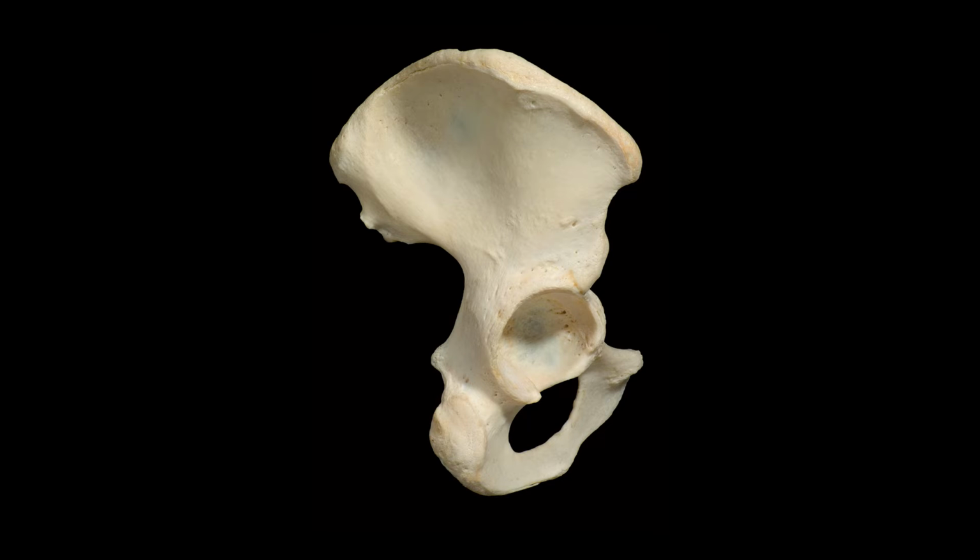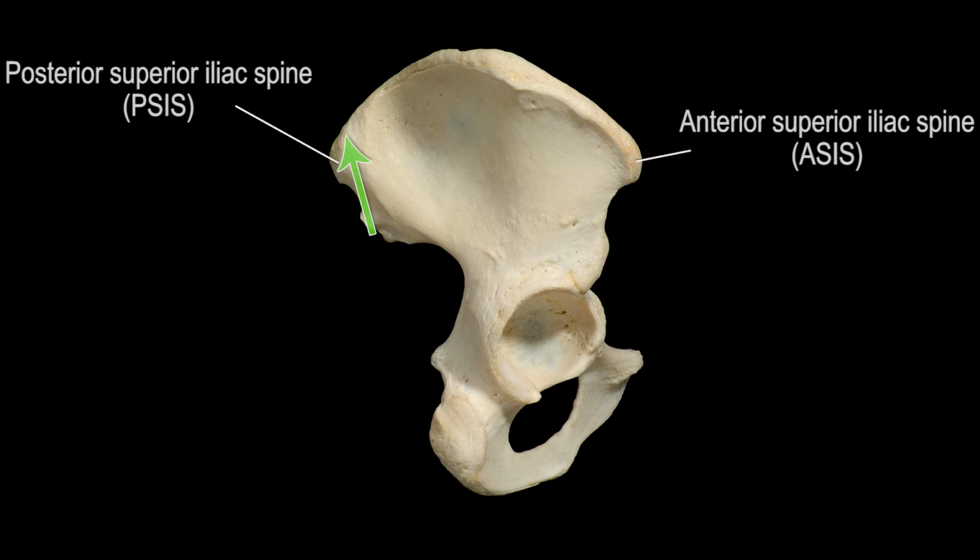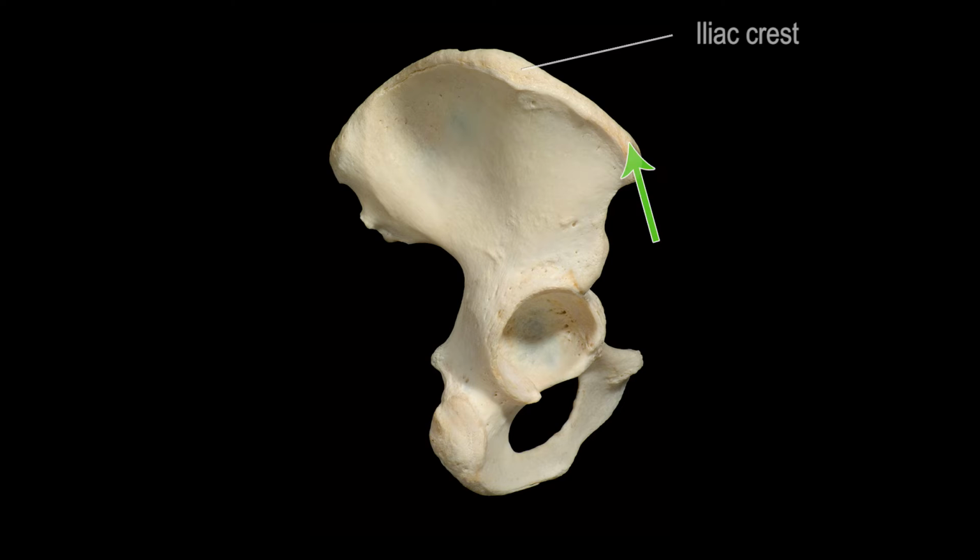On the anterior side, we have the anterior superior iliac spine, the ASIS, and down here we have the anterior inferior iliac spine, the AIIS. Running between the PSIS and ASIS, we have the iliac crest.